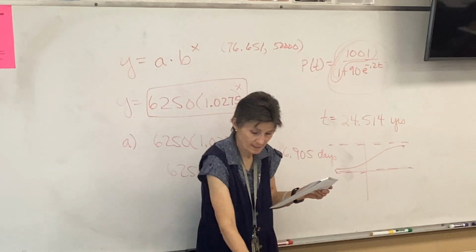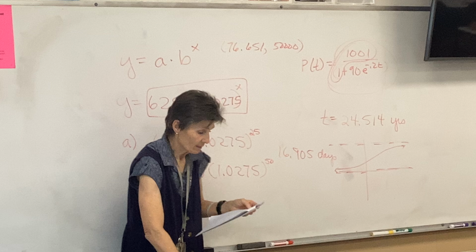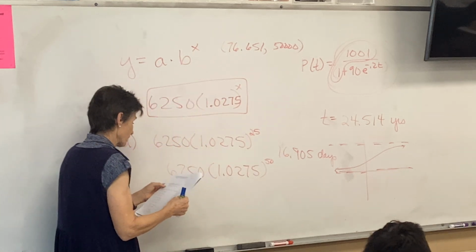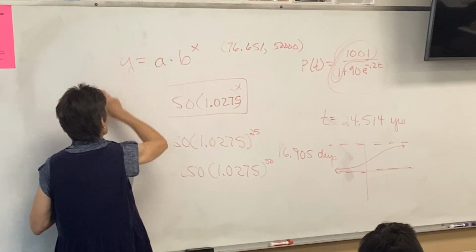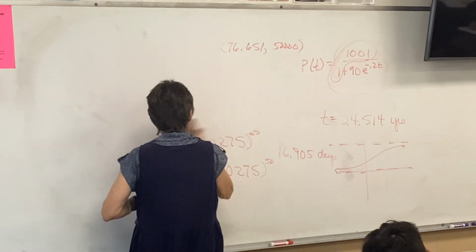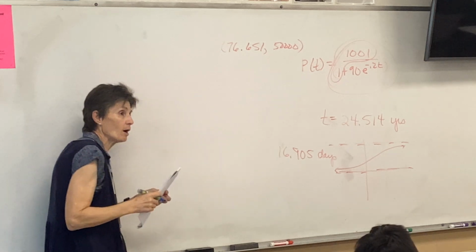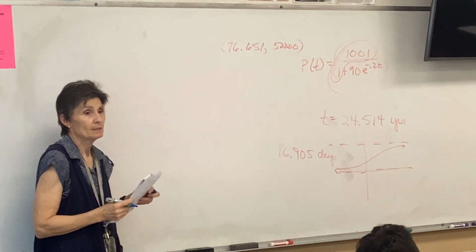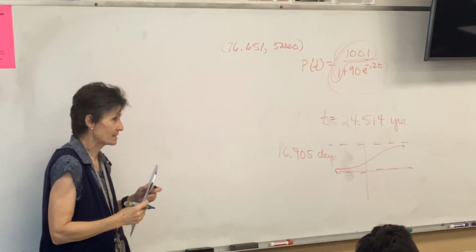This, unlike the rest of them, is decay. Please pay attention. When we talk about half-life, that means we are going to be multiplying by a half. Does that make sense to you?